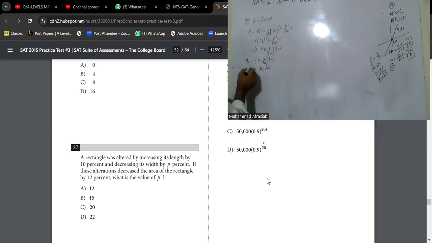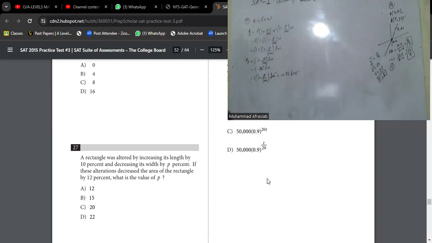So we know that 1.1 into 1 minus P over 100 into length into width is equal to 0.88 into length into width.